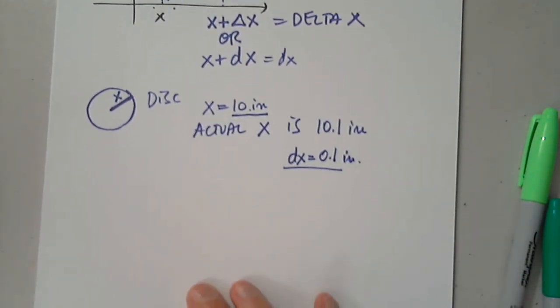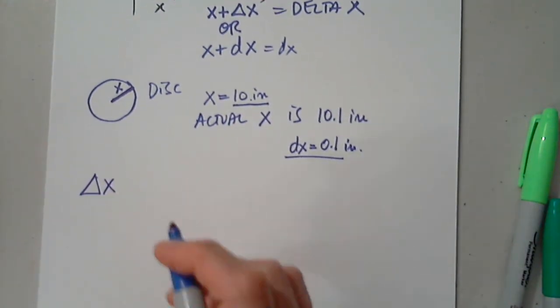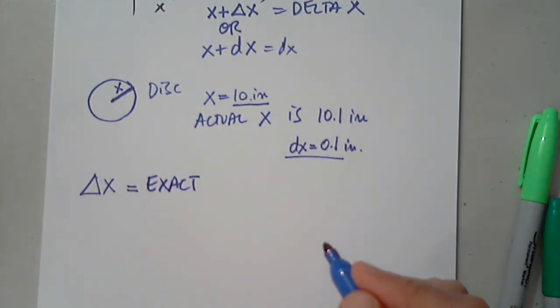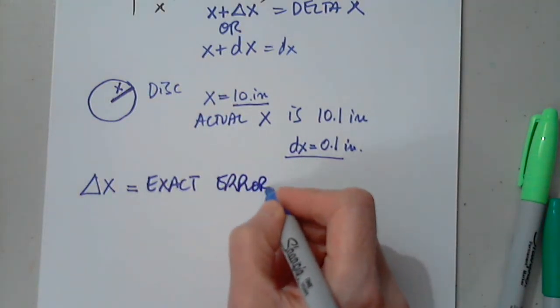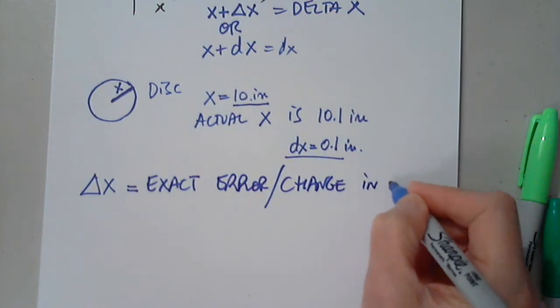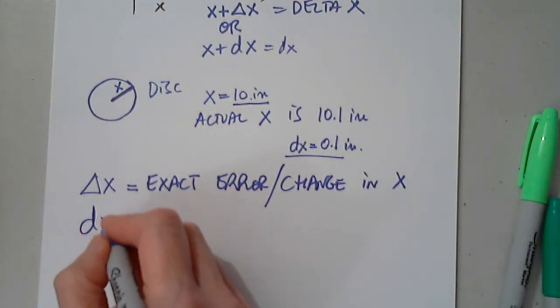So first let's write what delta x represents. Delta x is the exact error or change in x value. What is dx?